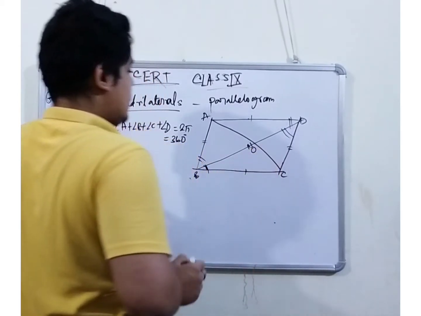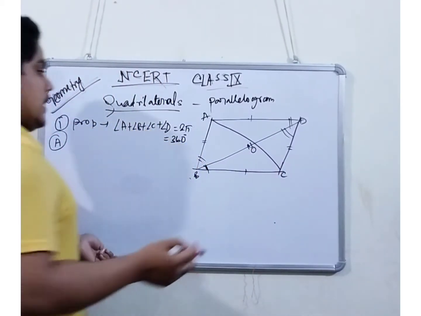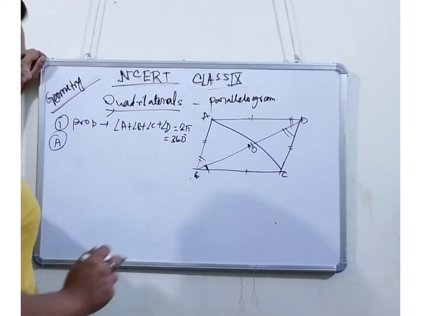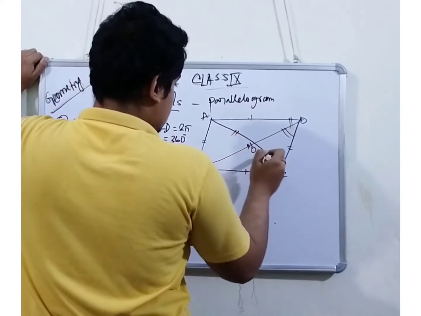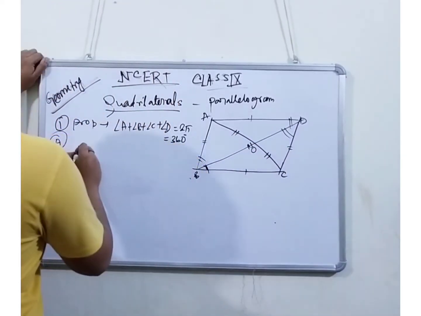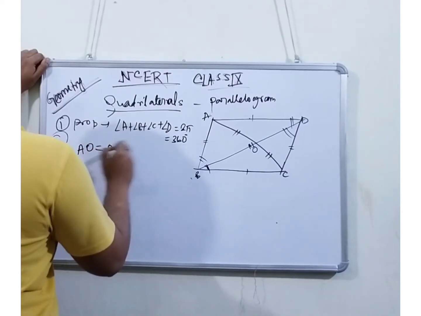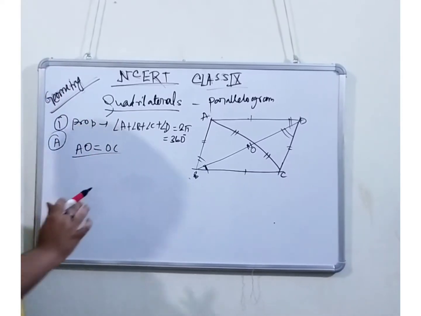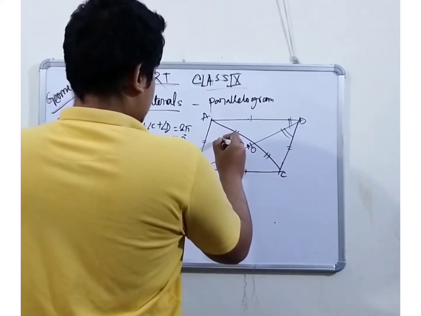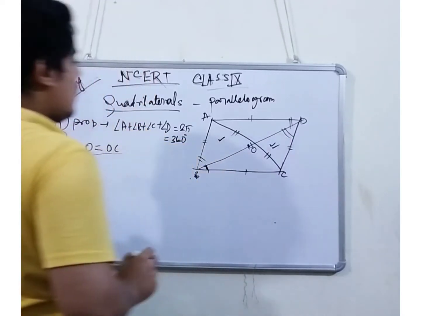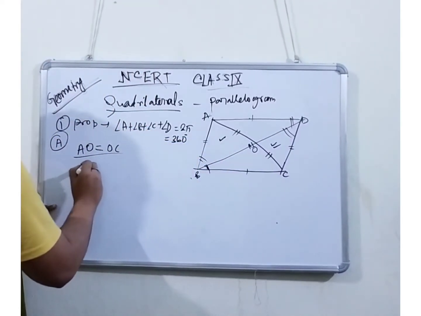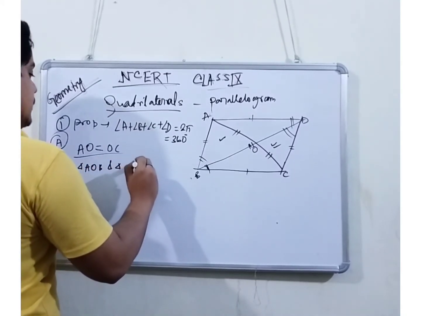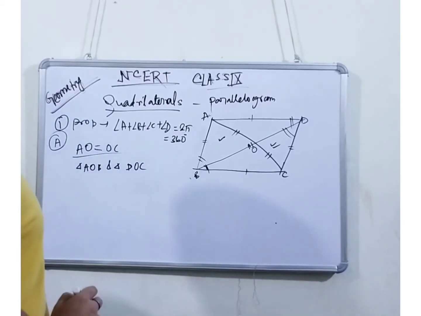So I have taken the diagonals here, and they intersect at a point called O. If I have to prove that AO equals OC, then that should be the proof. Let's try. So let's take these two triangles here, triangle AOB and triangle DOC.